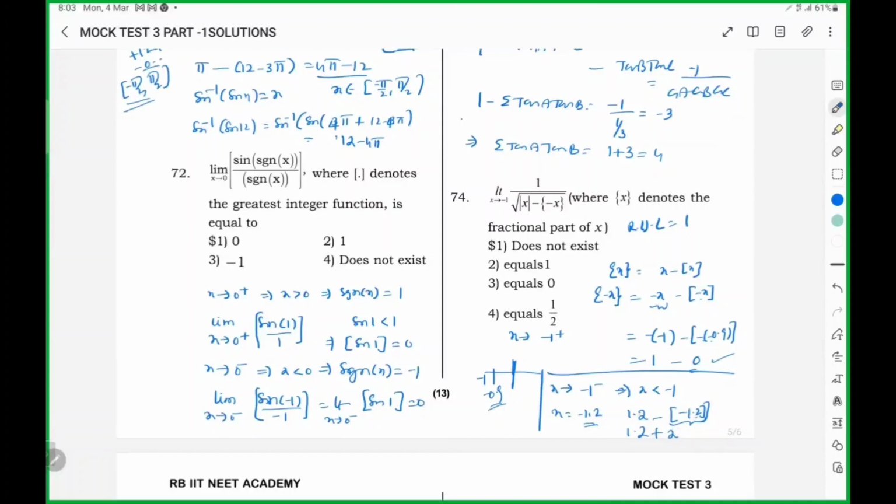It's only for understanding purpose I wrote this. So here we substitute only the approaching value. So it becomes minus 1 plus 2, x is less than minus 1, it becomes plus 1.